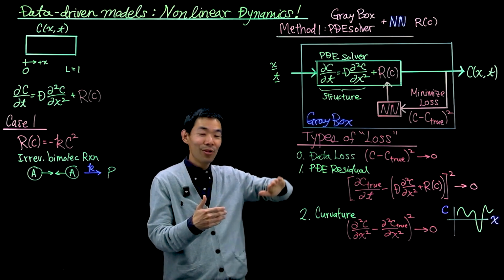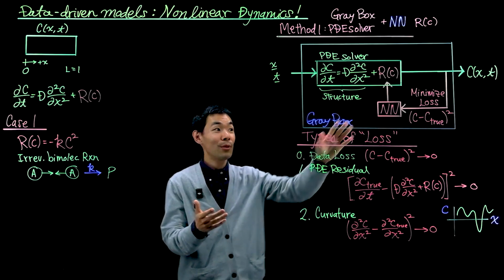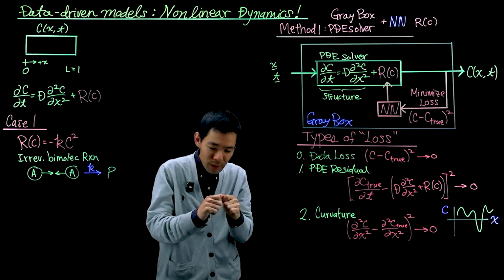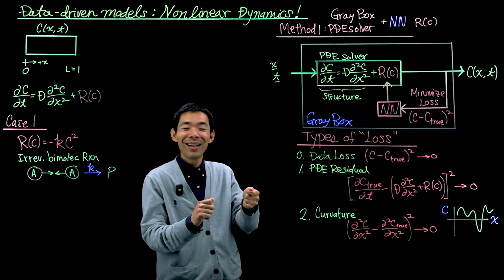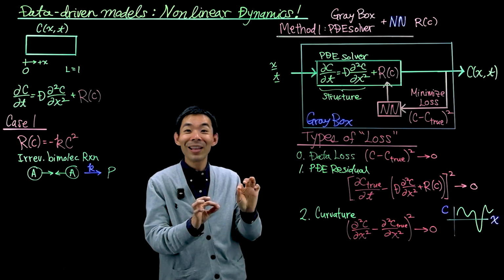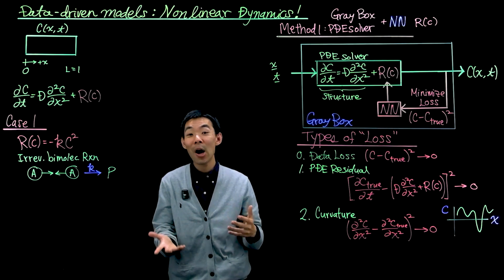There are rapid changes to the concentration as you move in position. And a lot of times with neural networks, they struggle to converge to these very sharply curved regions. Because when you're just penalizing the data loss, it doesn't know that it's changing so quickly. And therefore, including a curvature penalty like this could be helpful.